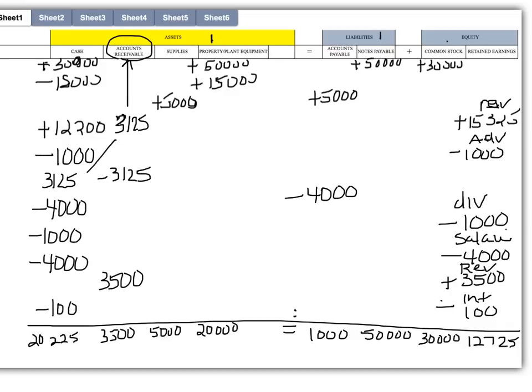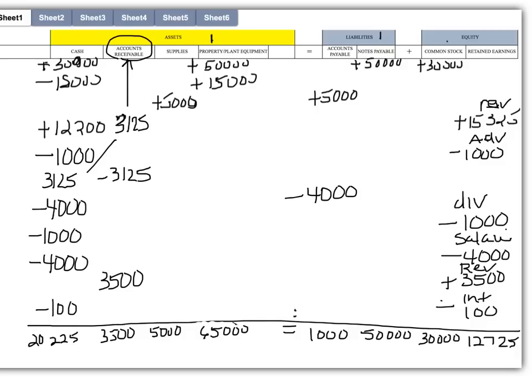Okay? So if we go 20,225 plus 3,500 plus 5,000 plus 20,000, oh, I'm sorry, I believe that this actually is supposed to be 65,000. So it's good that we know that. 65,000. Okay.